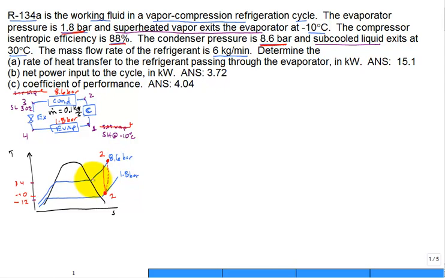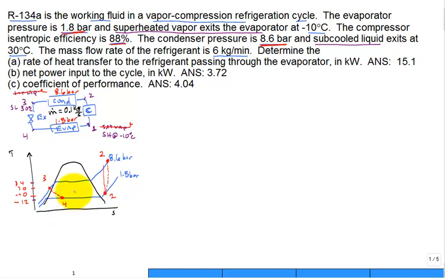And then we're going to condense. Normally we would stop the condensation at saturated liquid, but it comes out slightly subcooled. And so 3 is off into subcooled liquid, and it was subcooled down to 30. So there you go, that's state 3. Then you put it through the expansion valve, and it goes out to state 4.